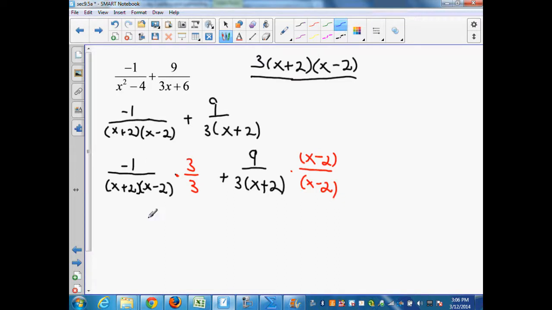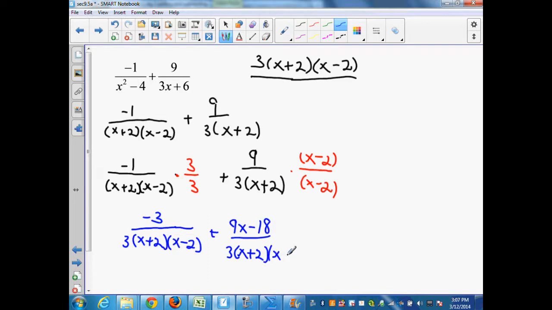Negative 1 times 3 is a negative 3 over 3 times x plus 2, x minus 2, plus, and here I can distribute. 9 times x is 9x. 9 times a negative 2 is a negative 18 over the common denominator of 3 times x plus 2, x minus 2.